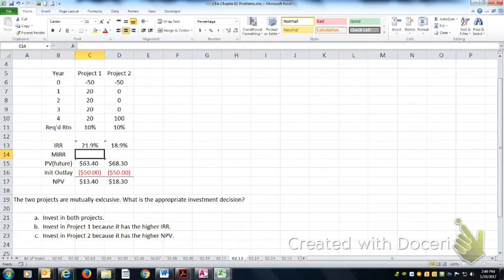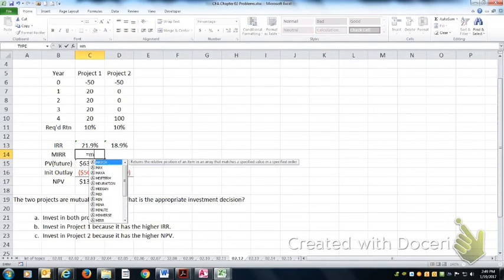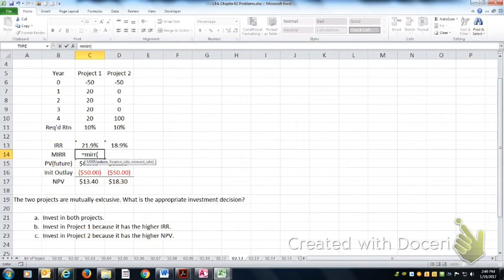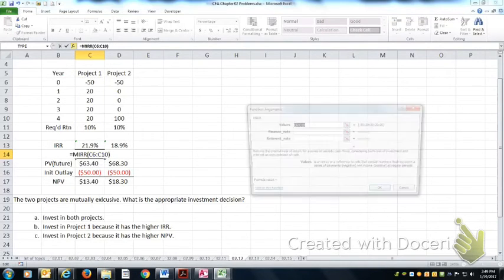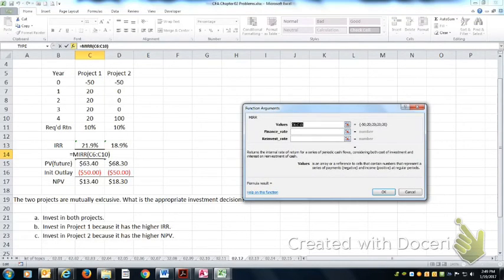We could also have computed the modified IRR, equals MIRR, which you do the same way as for regular IRR, but in addition to putting in the cash flows, you also have to put in a finance rate and a reinvestment rate, which is the required rate of return.